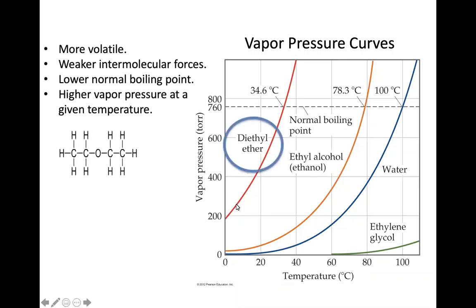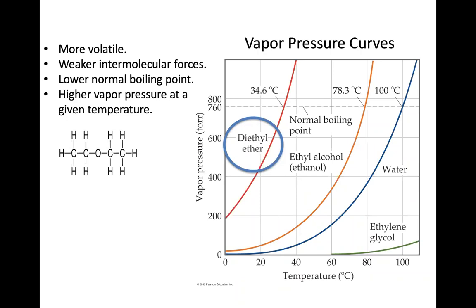So if I consider diethyl ether there, compared to the others, all of these ideas fit together. I would say it's more volatile. It boils at a lower temperature. It has a lower normal boiling point. The vapor pressure is higher at any of the temperatures here, right? It's a higher vapor pressure throughout.